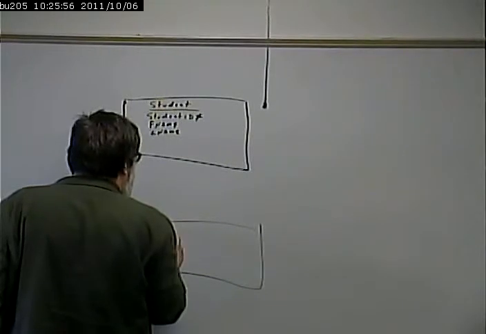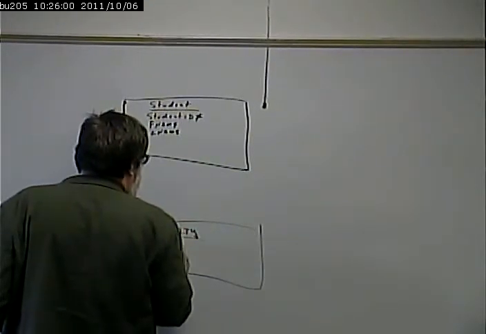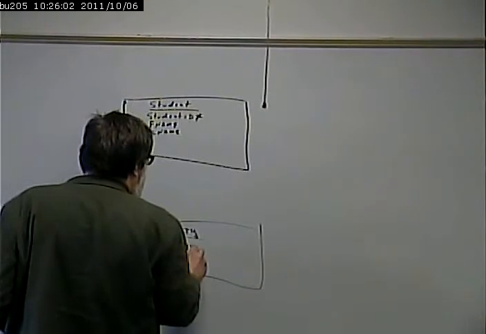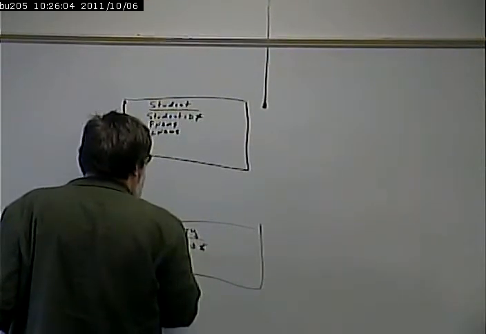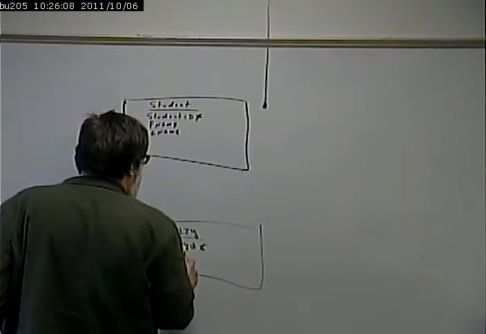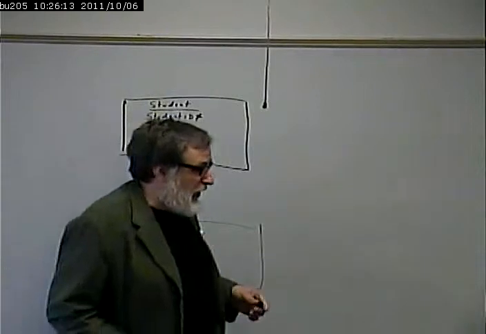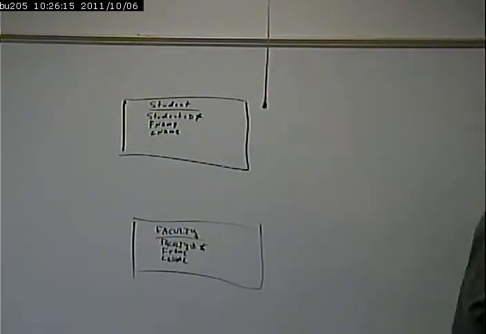And then we have a faculty table that is going to have a faculty ID, first name, last name, and so on, that there is liable to be a relationship between those entities.